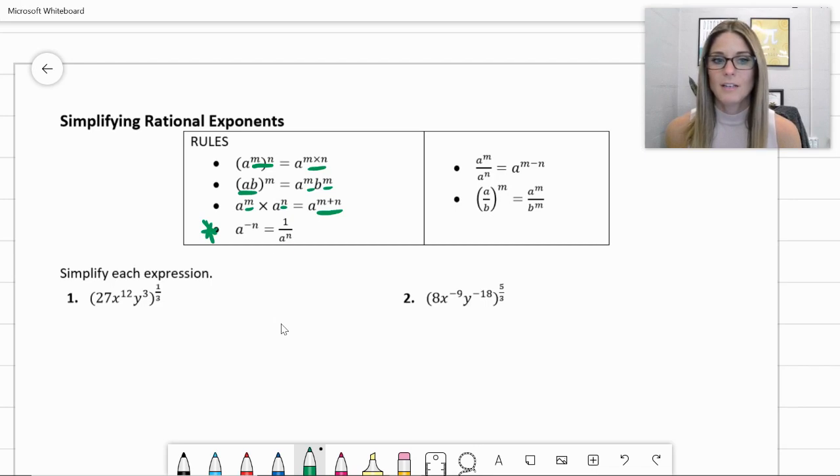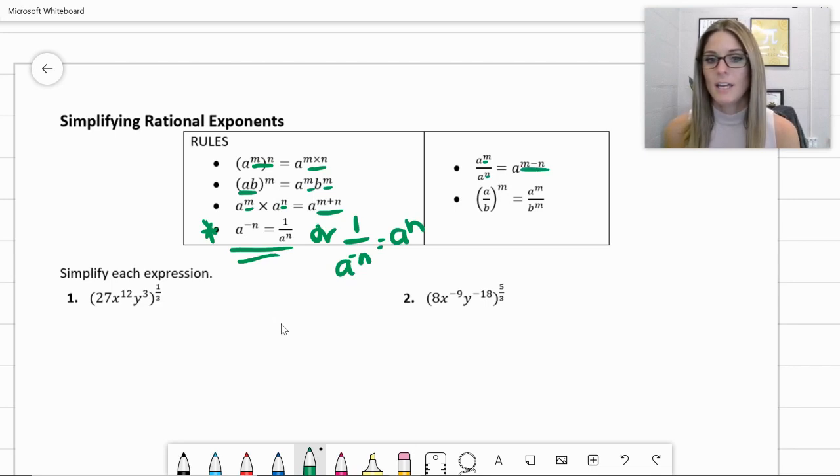If you have the negative exponent, it moves down into the denominator and becomes positive. Or if you have a negative exponent in the denominator, it moves up. And we've already seen that a little bit on our previous examples. If you are dividing like bases, subtract their exponents. And if they are in parentheses, each thing gets your exponent. But biggest thing I wanted to review is that negative 1.